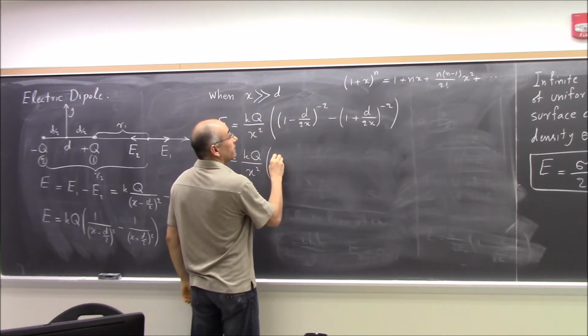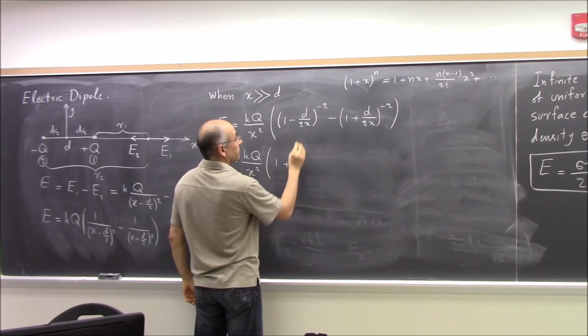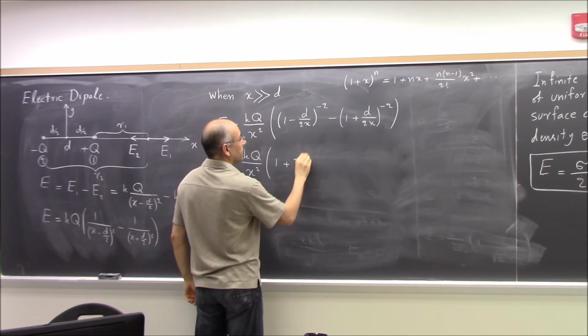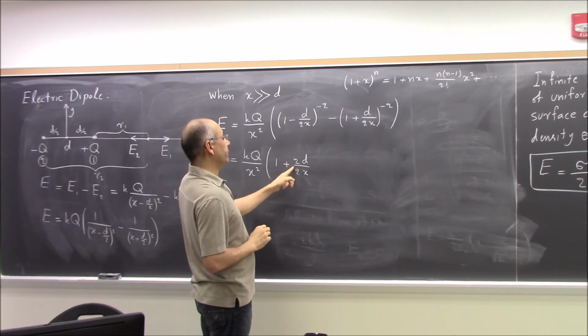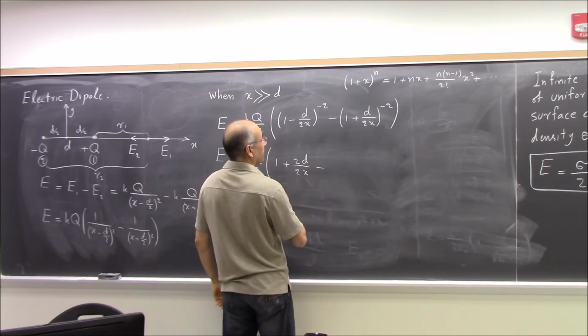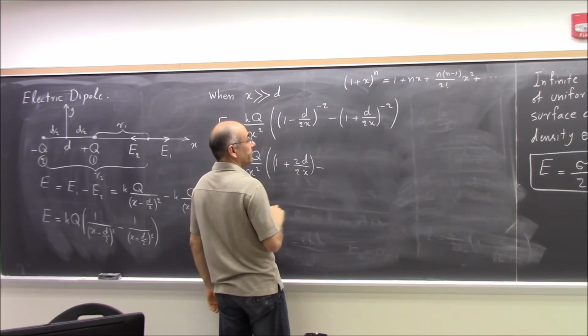So it will be 1 plus 2d over 2x, or I could say negative 2 times negative d over 2x, and then I ignore the other terms.